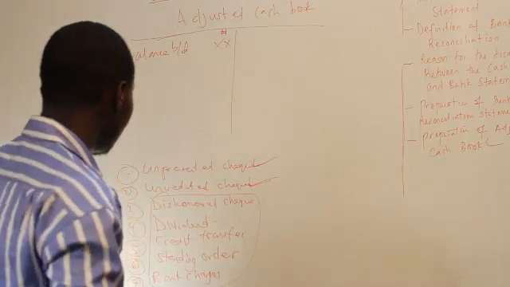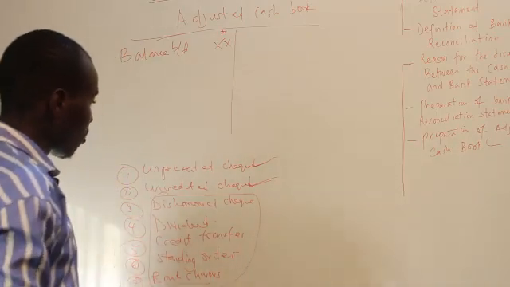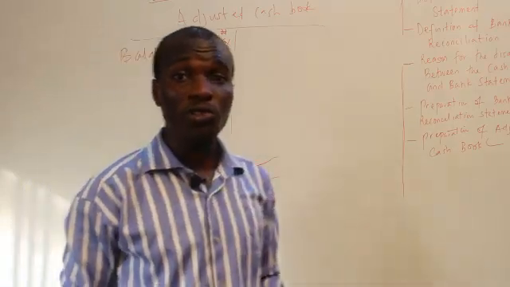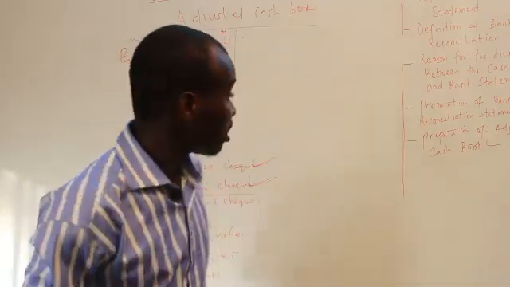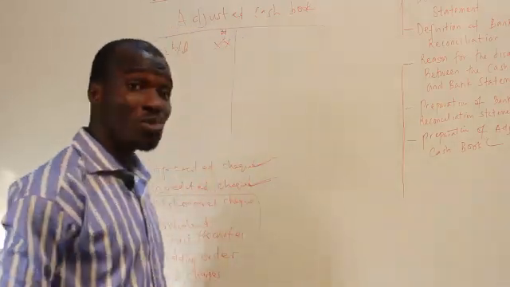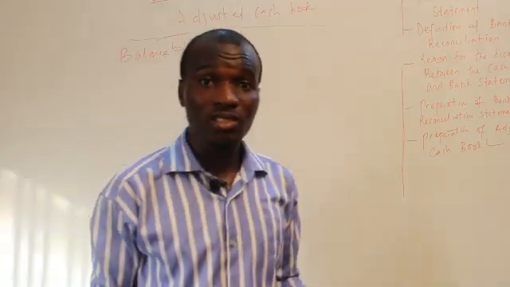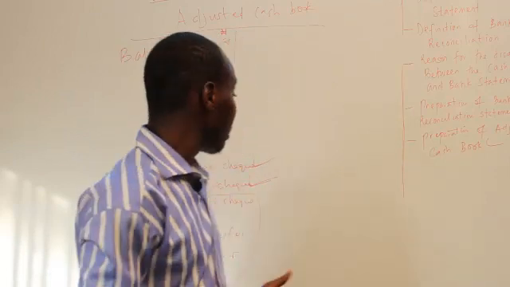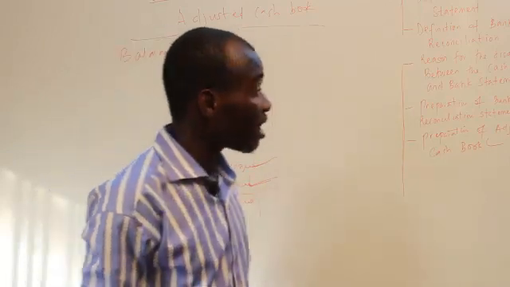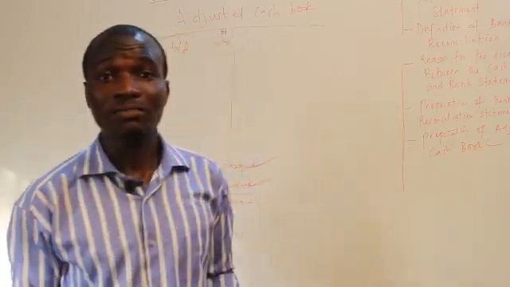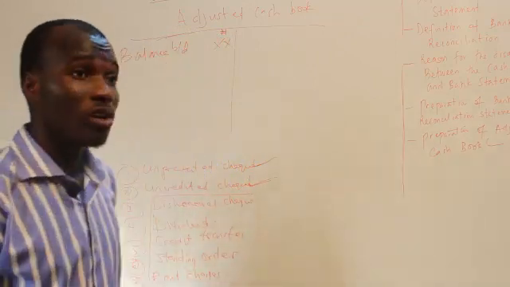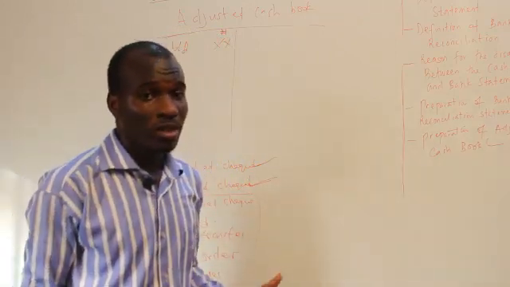So the dishonored check. What is the effect of the dishonored check? The dishonored check has the effect of reducing the balance of the cash book. That means we have to deduct the dishonored check from the balance of the cash book. That is, the dishonored checks are those checks that the bank refused to honor. So when the bank refuses to honor such a check, what will happen?